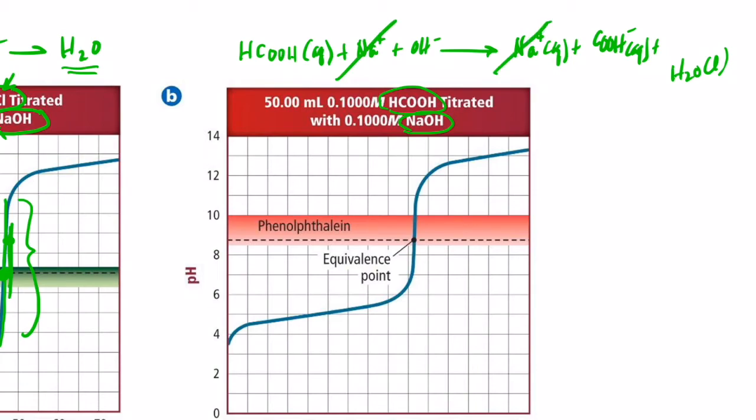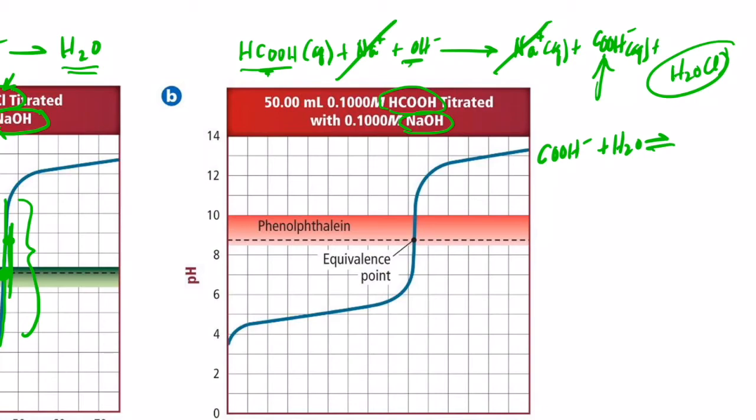So you can see in this net ionic equation, on this example, when I have equal moles of acid and base, I do make water, but I also make this negative ion. And negative ions, if you recall from our hydrolysis discussion, will react with water and they will tear it apart.